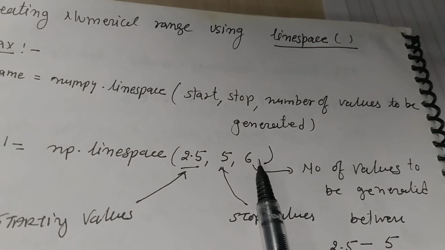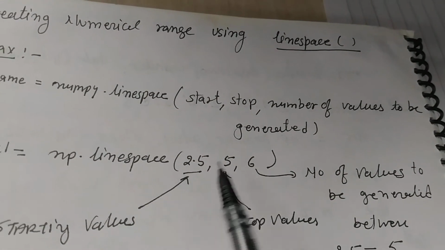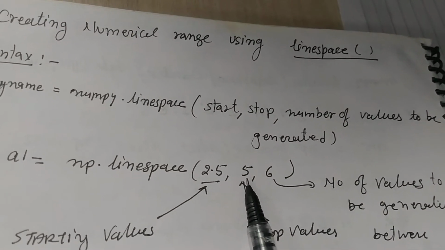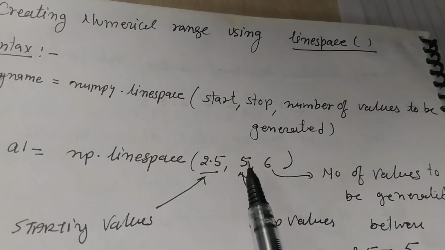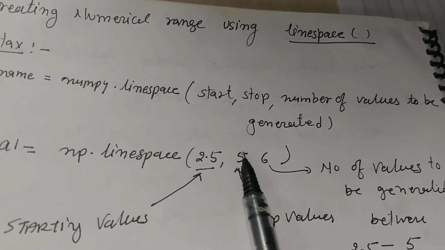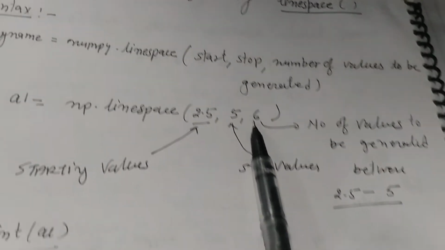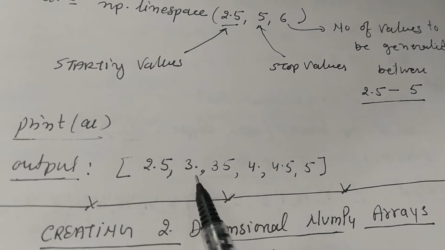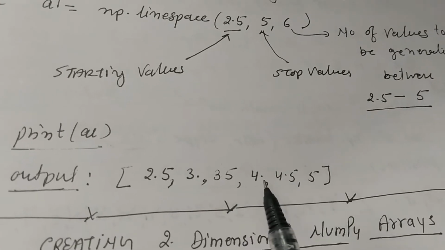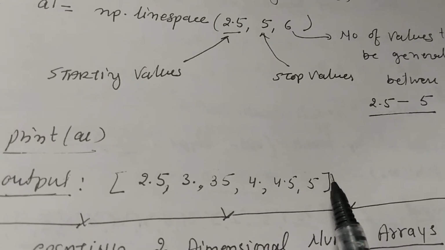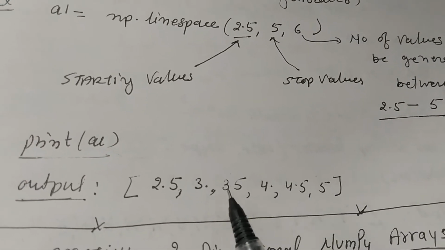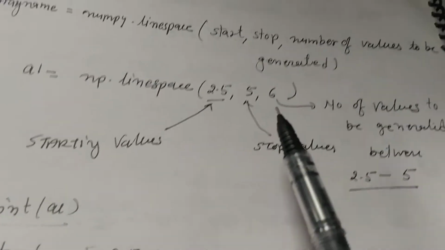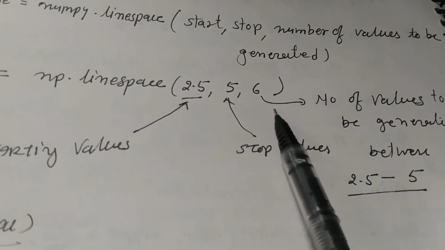How many elements do you want to give? 6 elements. Between 2.5 to 5, this is the starting value, this is the ending value, and between these two values we want 6 values. So its answer is 2.5, then 3, then 3.5, then 4, then 4.5, and then 5. So 1 2 3 4 5 6 values. Total number of values are 6, and we have given this argument here.